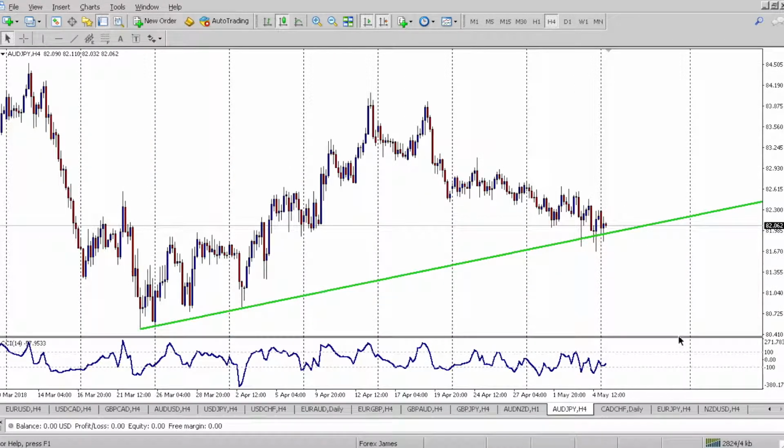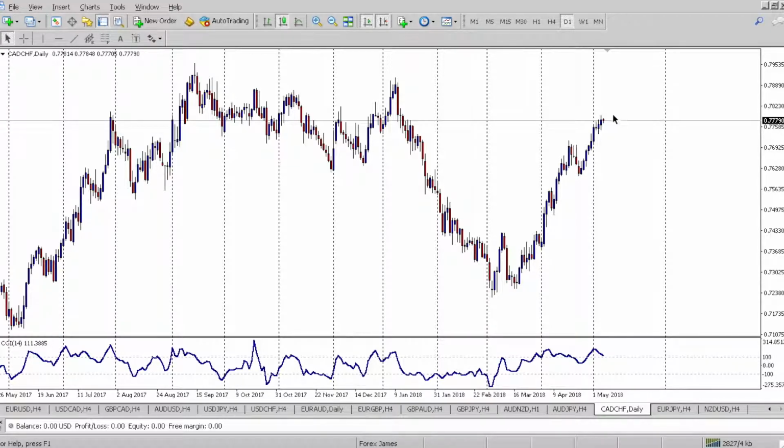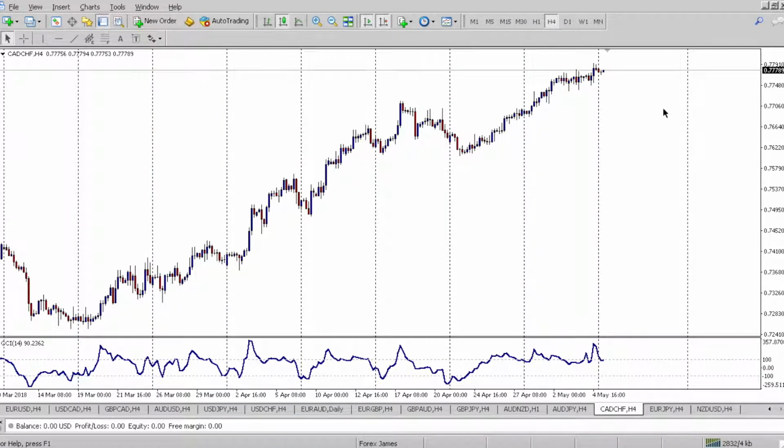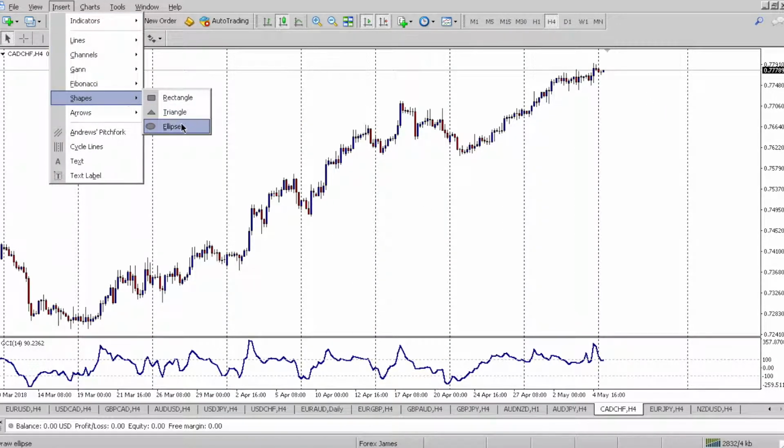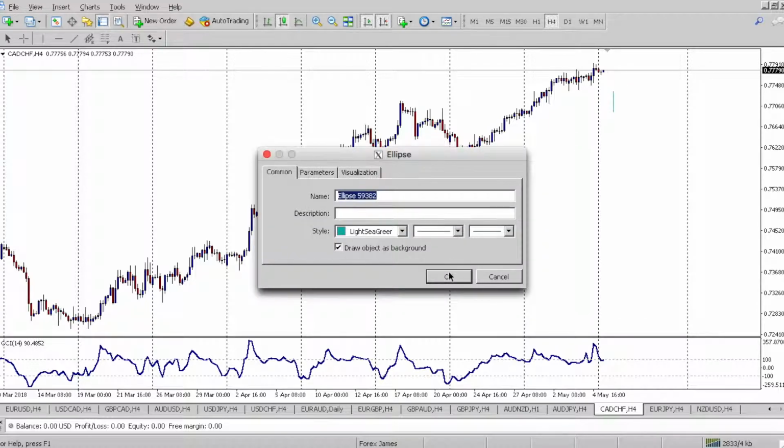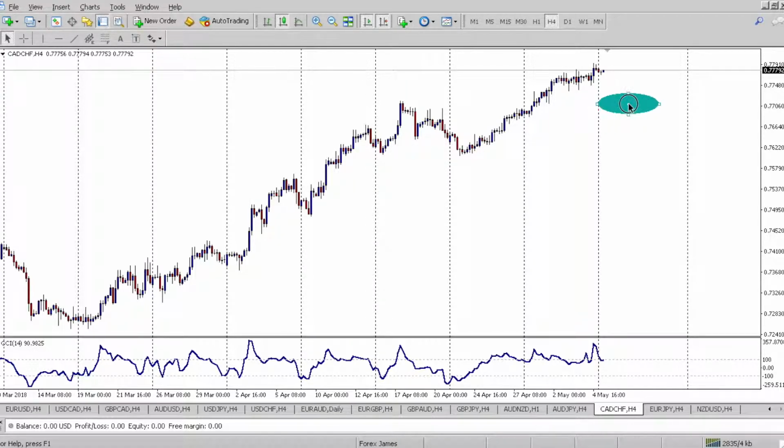Yep, to the upside. Cad franc hasn't shown any sign of ranging yet, so you could probably buy on a pullback, and direction to the upside.